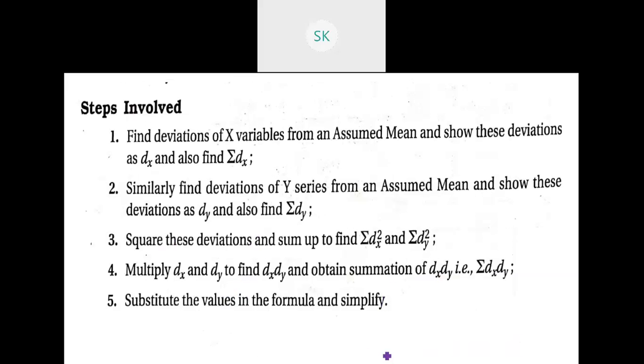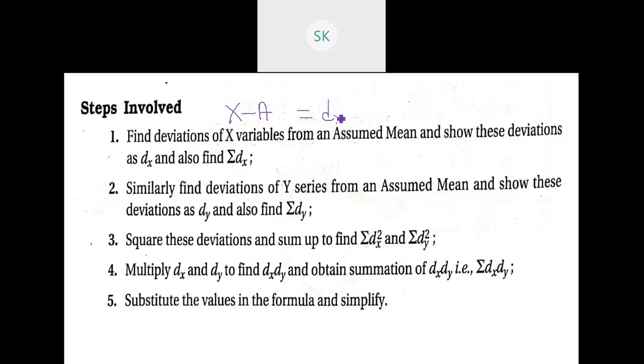There are a few steps involved. The steps are: find deviations of the x variables from the assumed mean and show these deviations as dx, and also find sigma dx. Similarly, find deviations for y. First calculate x minus a, x minus assumed mean, and give this the name dx.